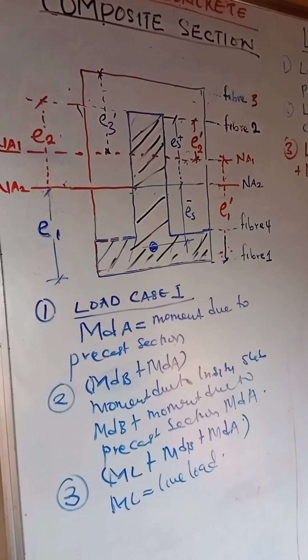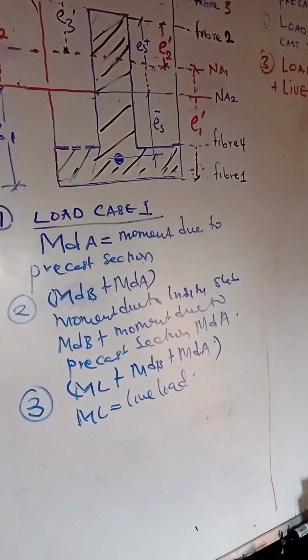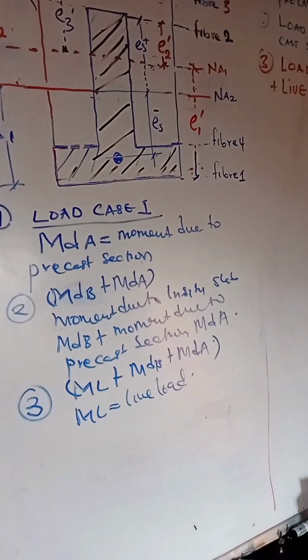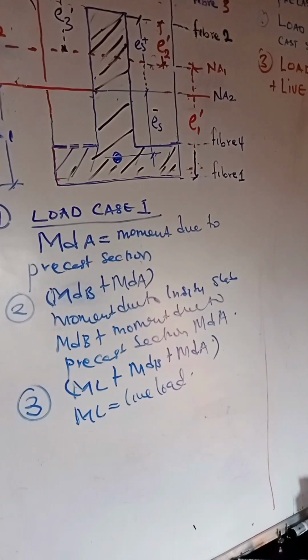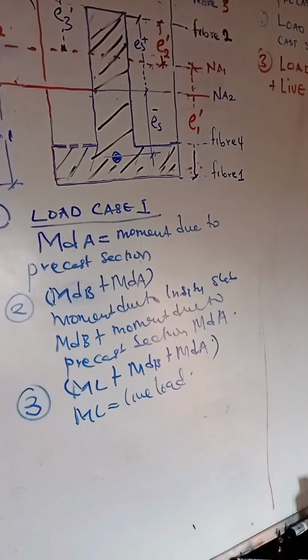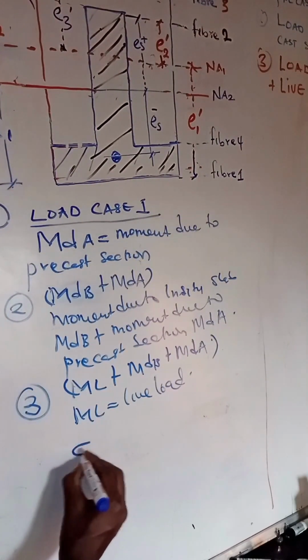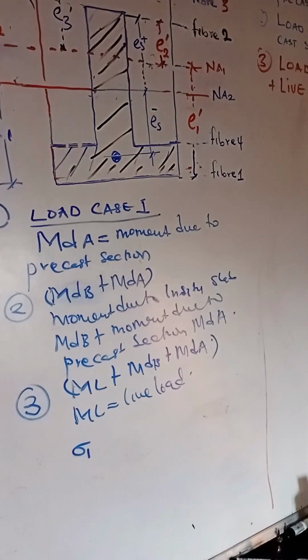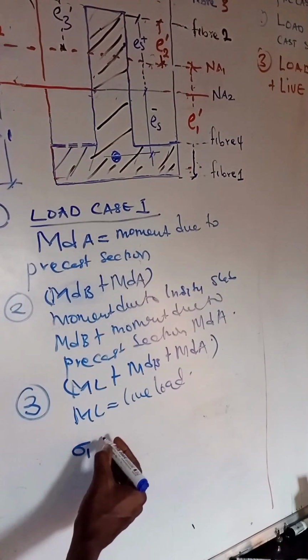All right. So the first thing we would like to do is to establish the stresses of this beam. We've seen the fibers. So we're going to pick the fiber stresses one after the other. Now the first one we're going to have is stress on fiber number one. So for fiber one, we have the stress gamma 1. We have stress at fiber number 1.